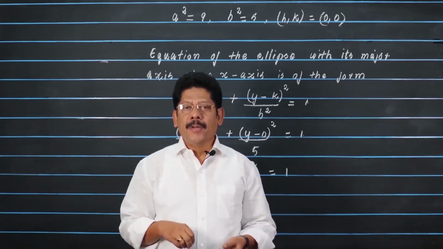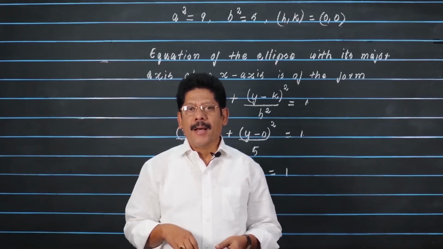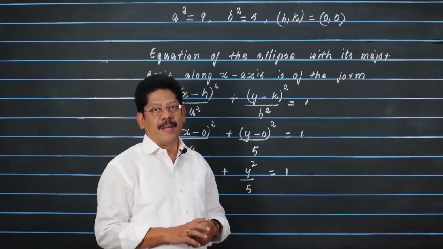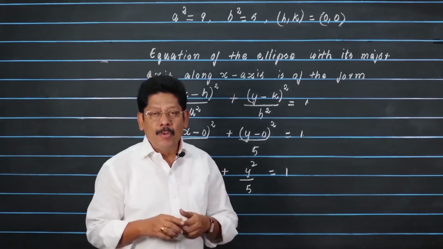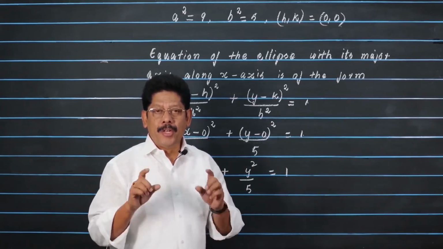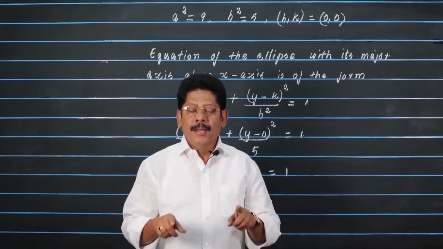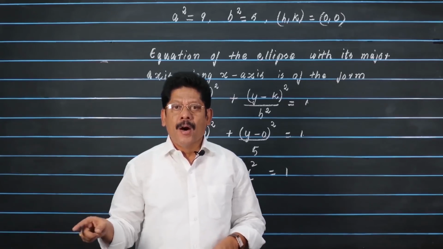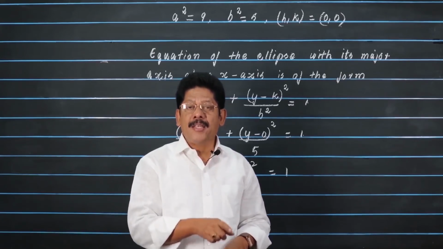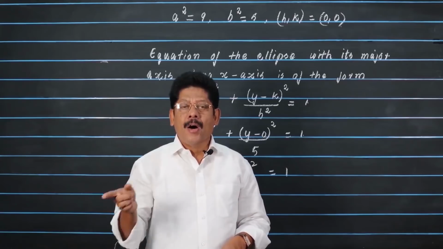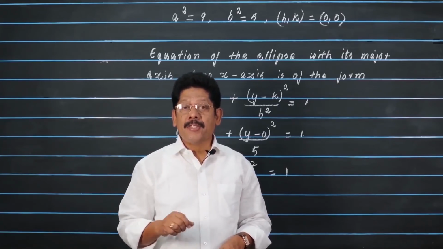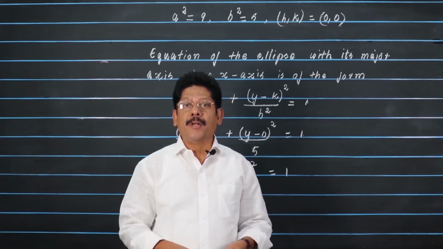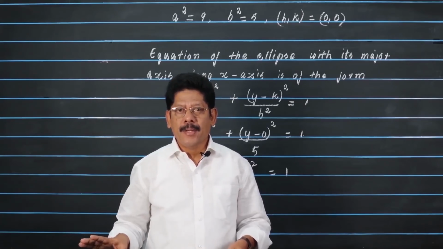In order to establish the position of the major axis as along x-axis, you try to take the data and represent the data by plotting graphically. That would enable you to determine whether the major axis is along x-axis or parallel to x-axis, or along y-axis or parallel to y-axis.